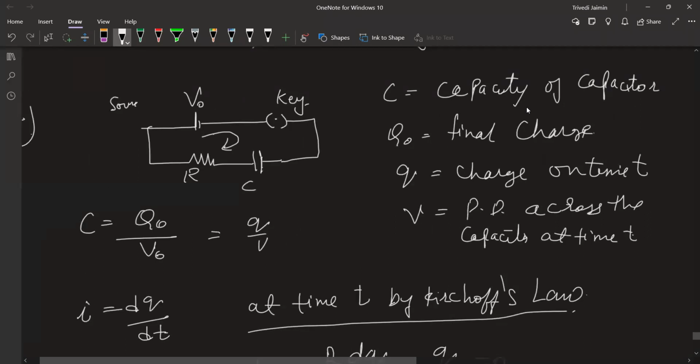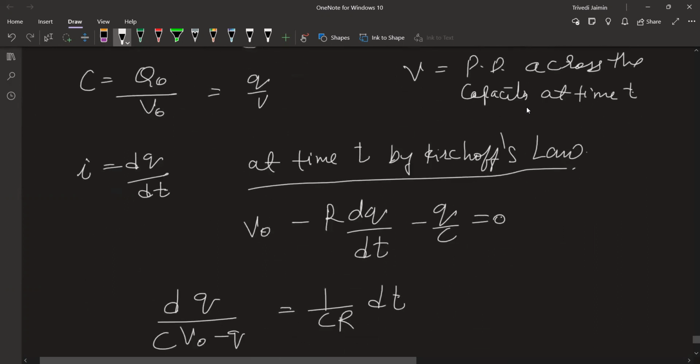Kirchhoff's law is applied for voltage, and here we have applied KVL, Kirchhoff's voltage law. So I'll just explain the voltage law only. KCL we will study later. We just sum all the voltages and equate to 0. That's what we did here.